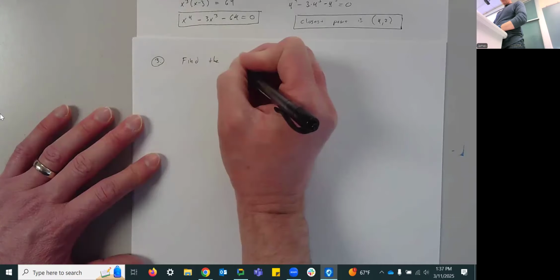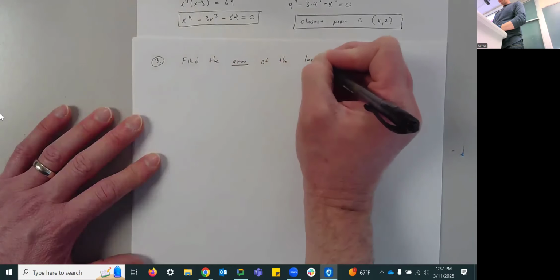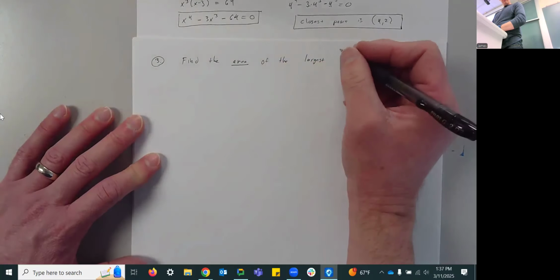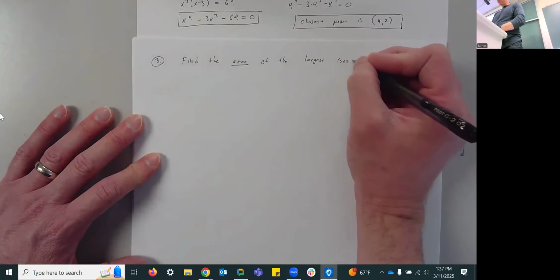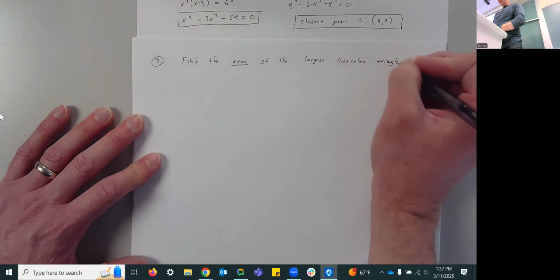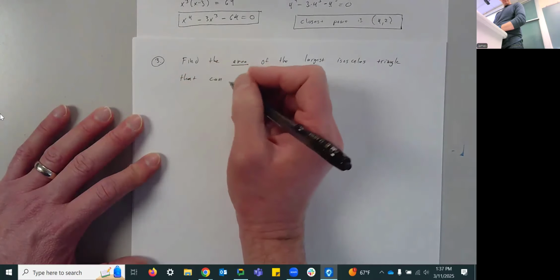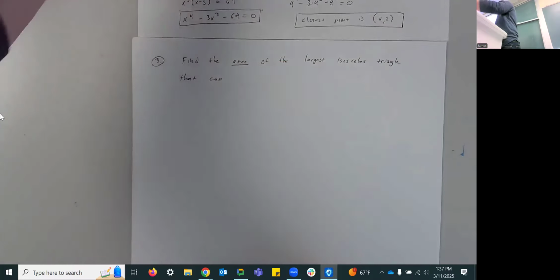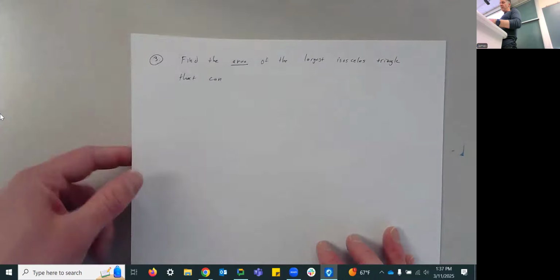Find the area of the largest isosceles triangle. Sorry, that's not. I realize this question is not. I'm thinking of a different picture.